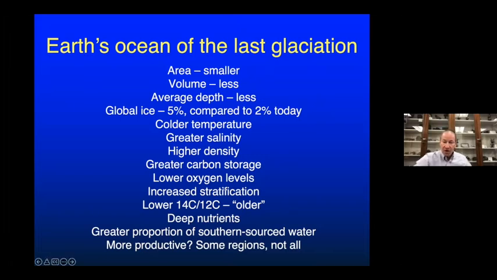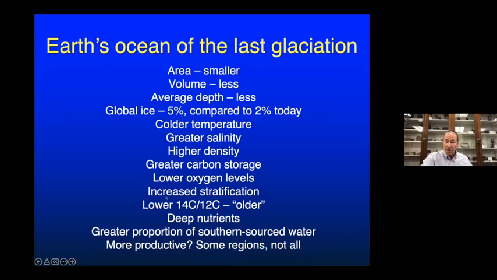There were lower oxygen levels in the deep ocean, and that's entirely a function or related to carbon storage, because the amount of respiration of biological activity on the microbial level that utilizes that oxygen drives the carbon storage in the deep ocean.